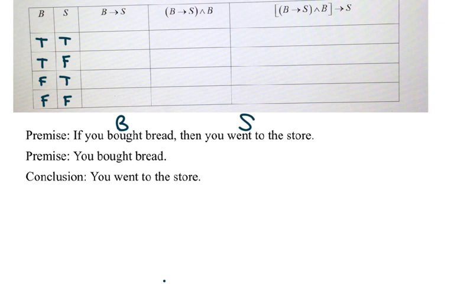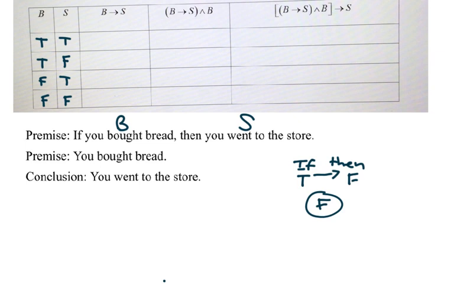Now, whenever we have an arrow, okay, and that is called an if-then statement, the only time it's false is if we have if something's true, then something's false. So this is the only time this is false. Every other situation, it's true.